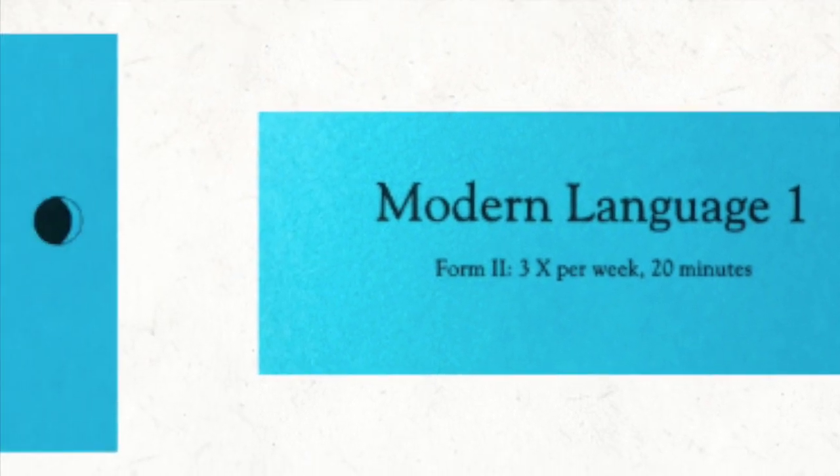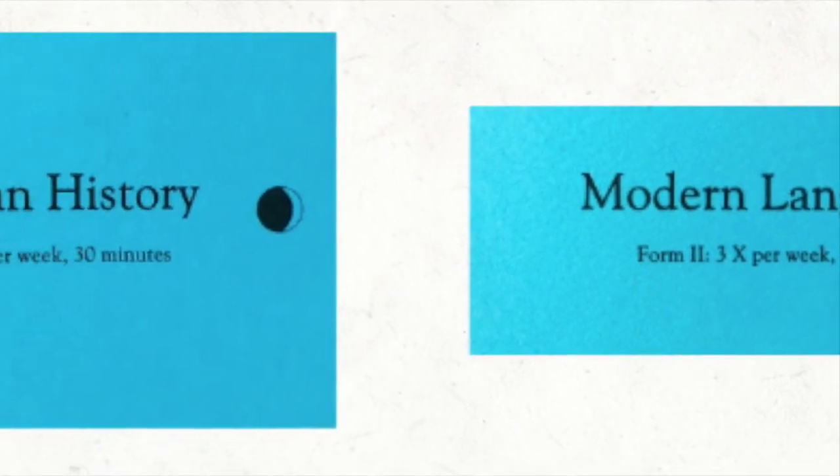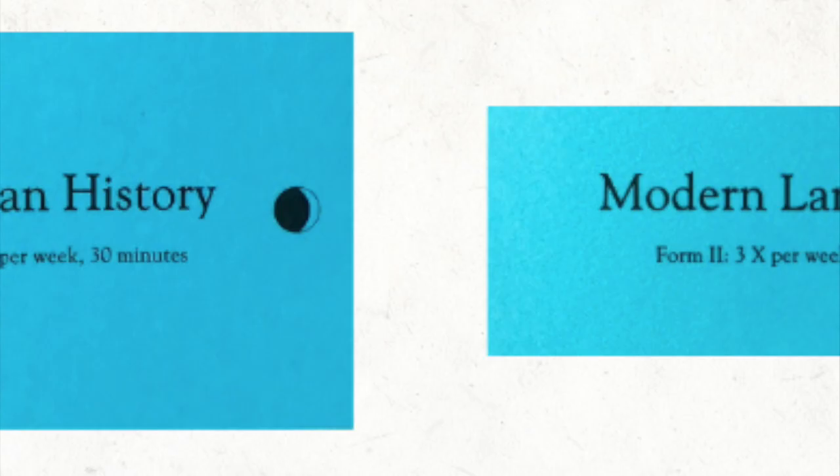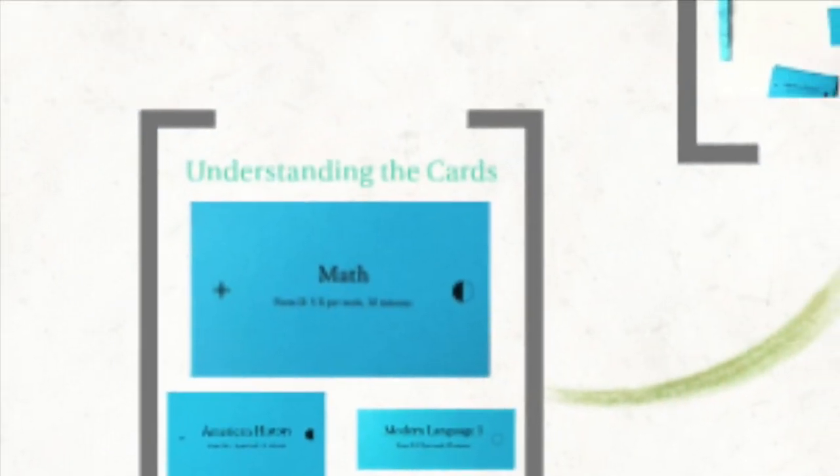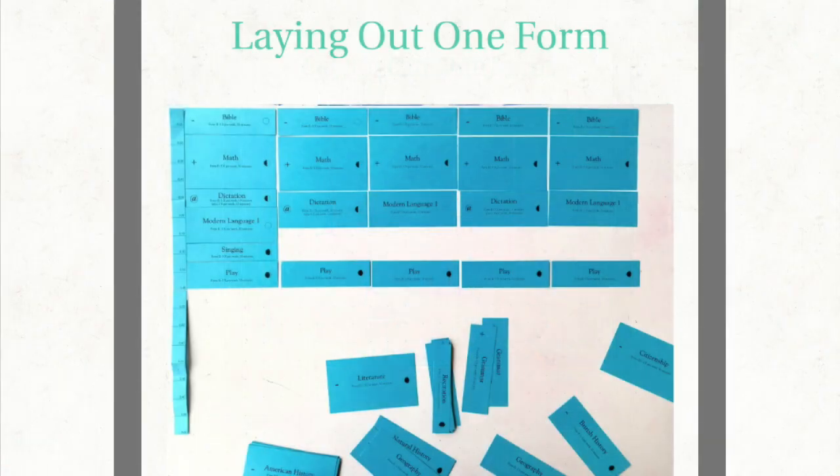In fact, each card is scaled to reflect the overall length of the time needed to do that day's lesson. A timeline is included which shows the entire length of the morning lesson. So, when the cards are placed one after the other, you can quickly see if the maximum morning lesson time is being exceeded.